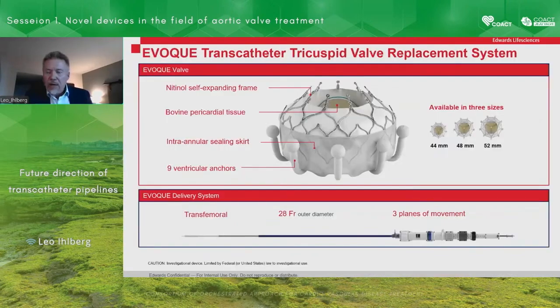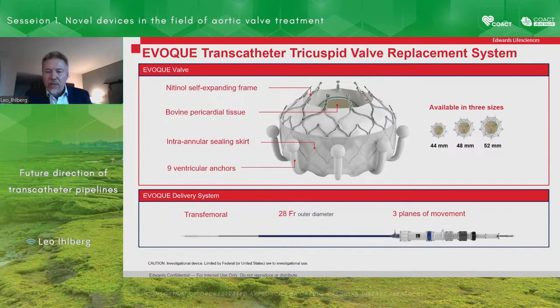As said, we have the Pascal system for edge-to-edge use in tricuspid as well. And then we have the EVOQUE, which is shown in here, which is the replacement system for tricuspid. It's a nitinol self-expanding frame, has bovine pericardial tissue, and has 9 ventricular anchors that capture the leaflets, so it's a leaflet-based anchoring.